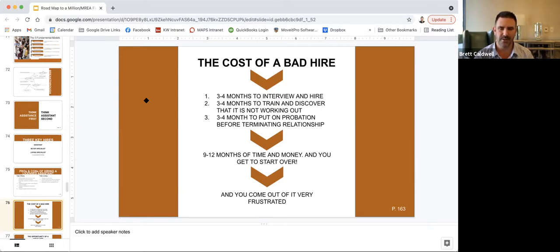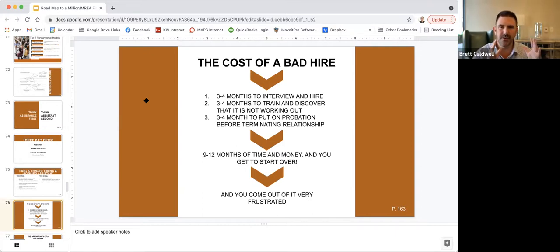We'll talk about that in a little bit. But then you gotta do the prudent thing and put them on probation for 90 days. So now you're almost 9 to 12 months into this process with the wrong person. And ultimately, that time you spent, the money you invested in that, and now you got to start all over.